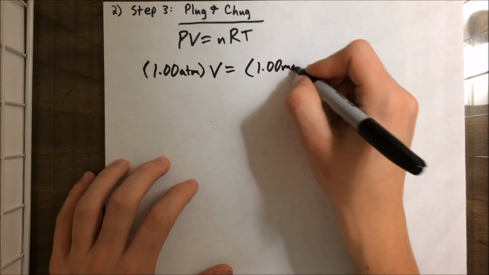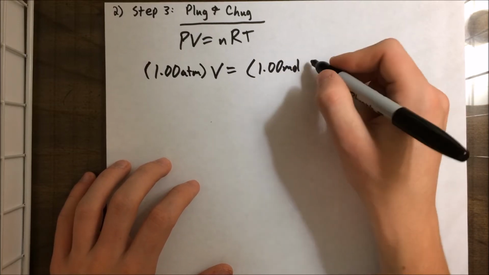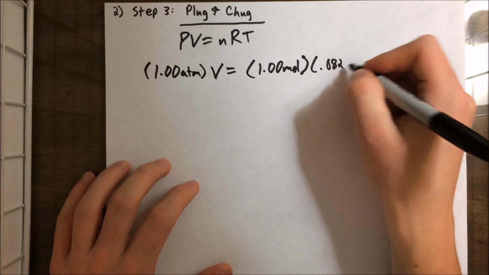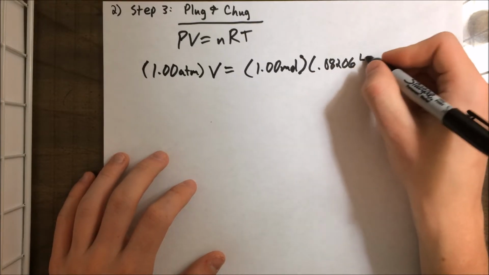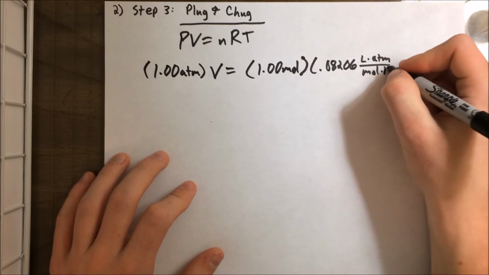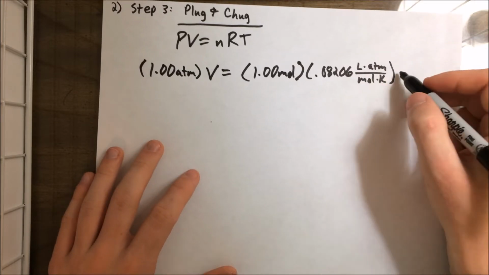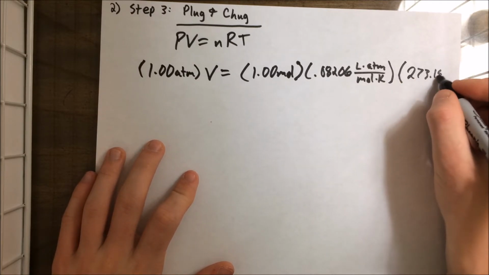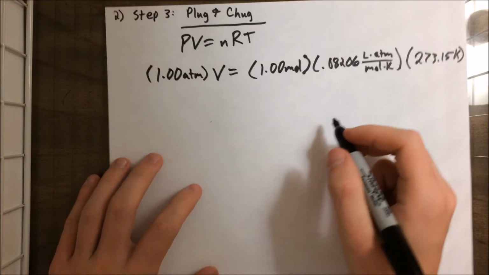1.00 moles, that's the given amount, times 0.08206 liters times atm over mole times Kelvin, and then multiply that by 273.15 Kelvin.